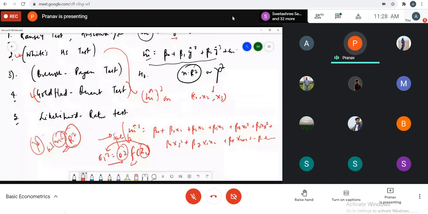Test for the examples that we have done in today's lecture. What I'll ask you to do is read about these tests from the textbook Wooldridge. Apply these tests on the example that we have used for today's lecture. If possible, submit that to me.